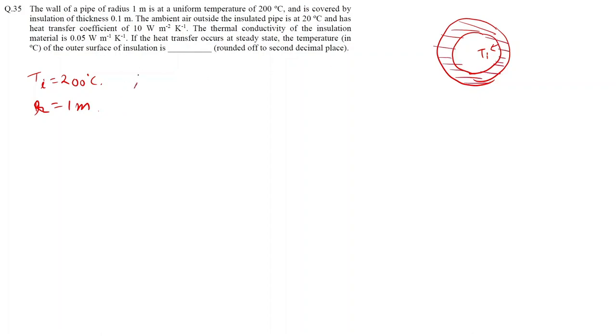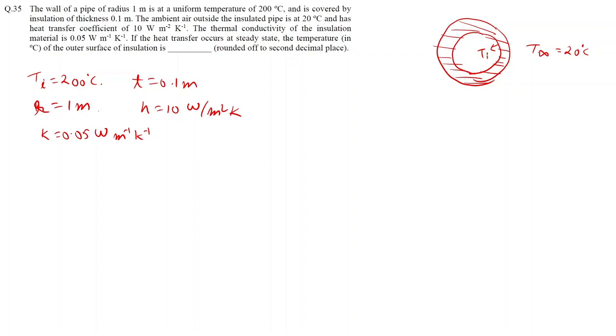The thickness of insulation we have been given as 0.1 meter. The ambient air outside is at 20 degrees Celsius, so that is T infinity is 20 degrees Celsius, and the heat transfer coefficient is 10 watt per meter square Kelvin. The thermal conductivity of the insulation material is 0.05 watt per meter Kelvin.